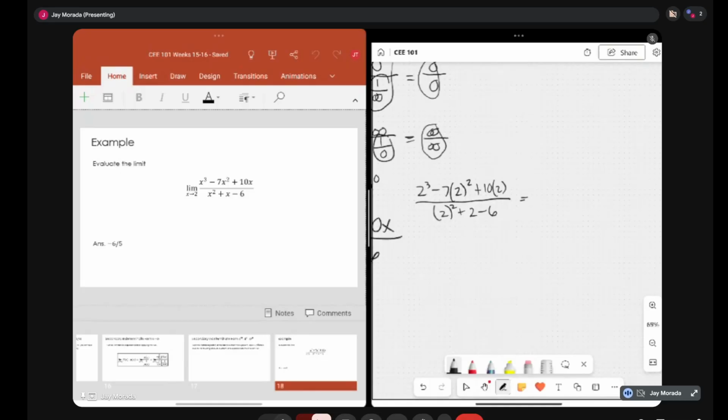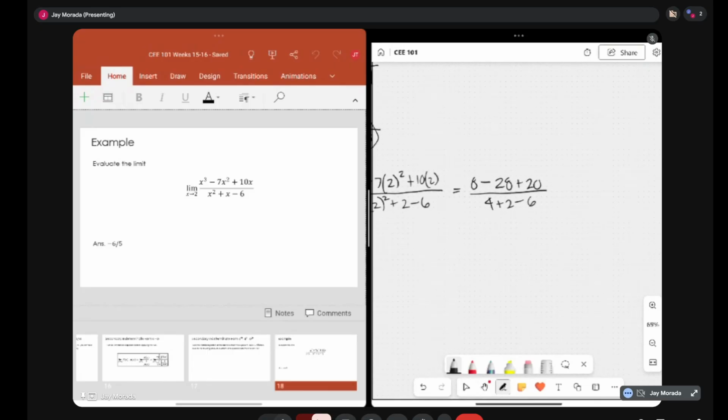That is 8 minus 28 plus 20 over 4 plus 2 minus 6. 8 minus 28 is negative 20, plus 20 is 0, over 4 plus 2 is 6, minus 6, that is 0.